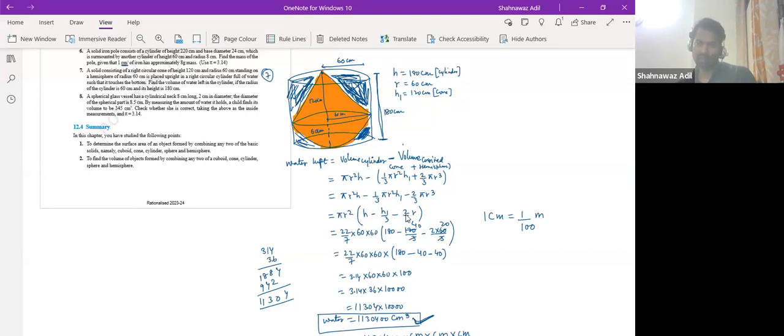Whenever you have simplified everything, then write it down. Otherwise, if you do this independently, you find out this thing, you find out this thing, you find out this thing, and then subtract and do all the calculation, then it will take a lot of time.